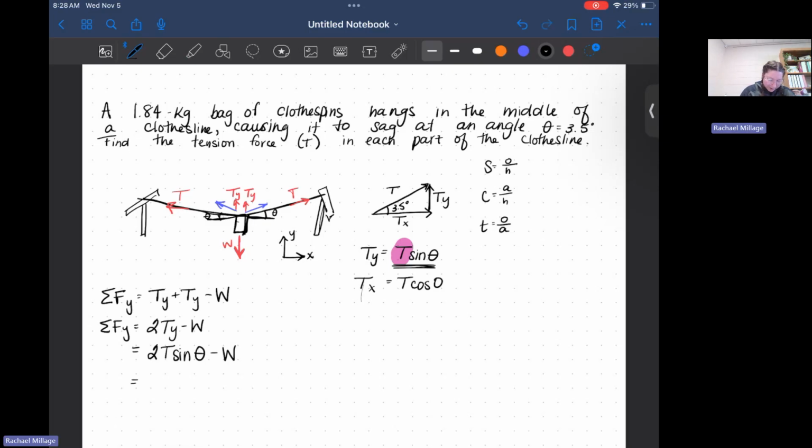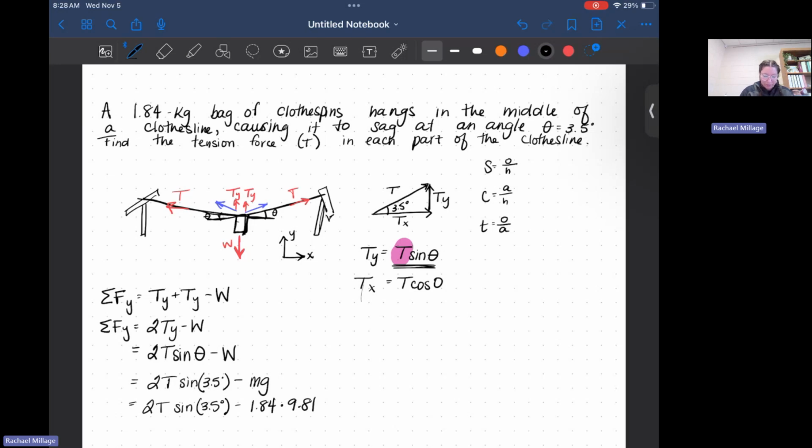Hey, we can quantify our W. So now we have 2T sine 3.5 degrees, right? I'm going to start plugging things in. Minus mg, that's equal to 2T sine 3.5 degrees minus, what is my mass? 1.84 kilograms times 9.81.